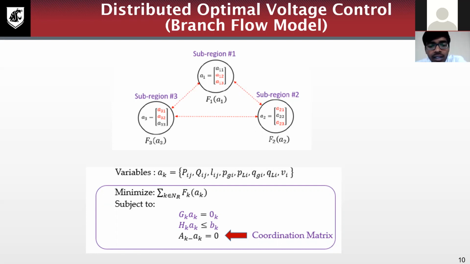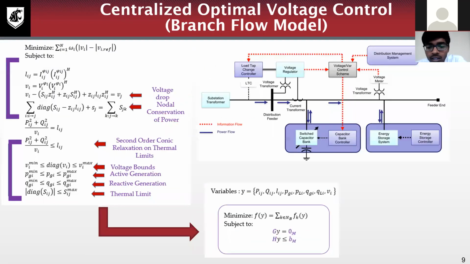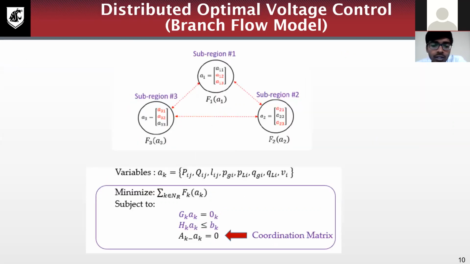Similarly, gk of Ak is equal to 0 for each k here. So basically I have decomposed the original centralized set of power flow equations into subregion based power flow equations. Similarly, subregion based operational constraints. The only thing that we add here is the coordination matrix. Why do you need this coordination matrix?